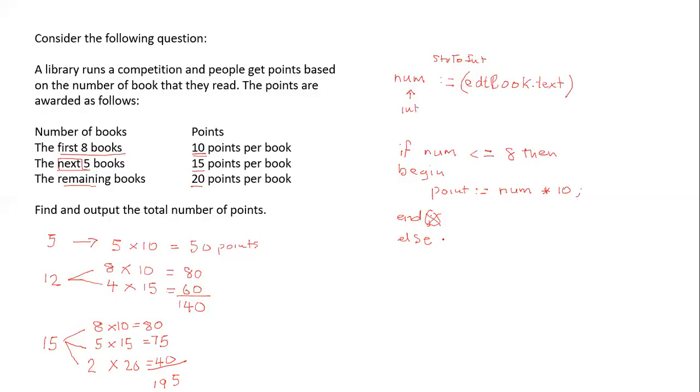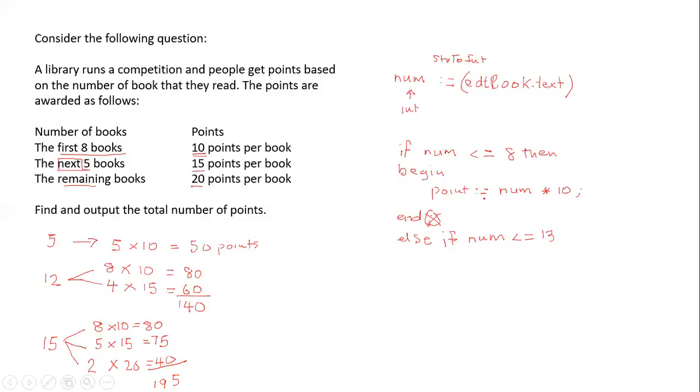Else, and let's put in the check. If. Now I could say if num is greater than 8 and num is less than or equal to 13. Instead of having a double condition, I can simply say else if num is less than or equal to 13. I don't need the first check.